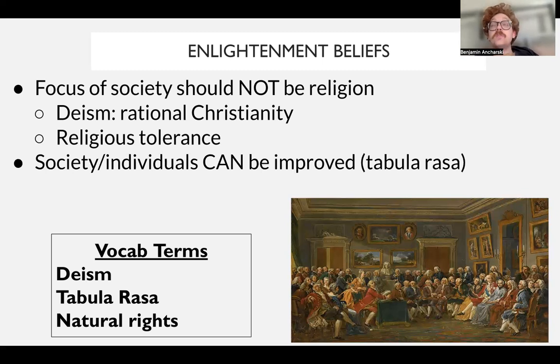So if we as people can provide the best conditions, say education, we can make the world a rational and better place. So there is this idea that we can improve society and individuals, even if that means making a political change, a revolution, you could say. As we'll see in the future, the Enlightenment is going to be a motivating factor in a lot of revolutions that we'll talk about more in Unit 5.